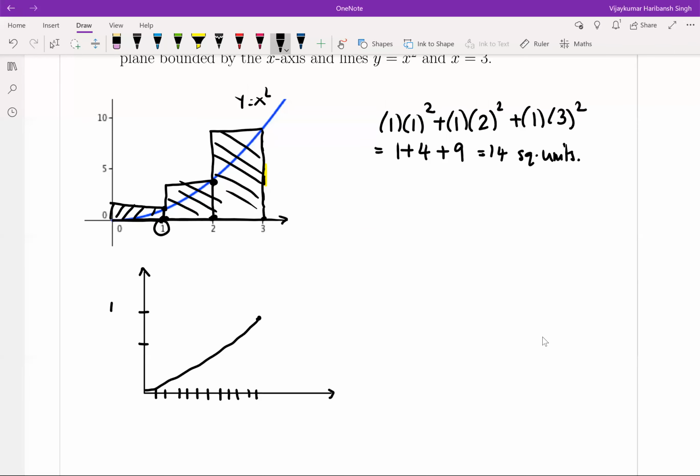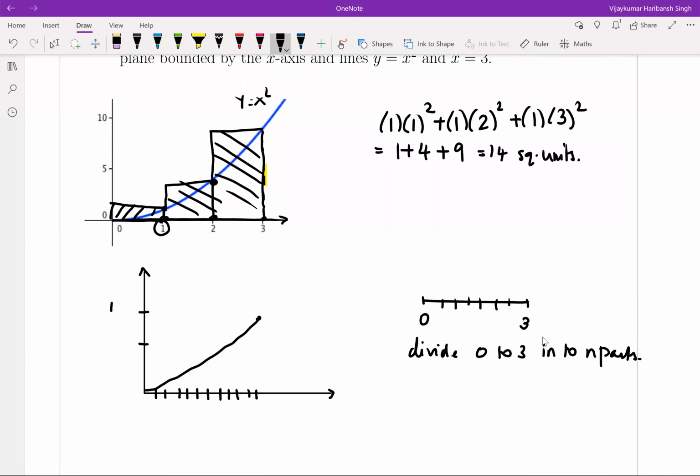So we'll take 0 to 3, and we'll divide into n rectangles. So what is the size of each rectangle then? So divide 0 to 3 into n parts. So what do we get in that case?